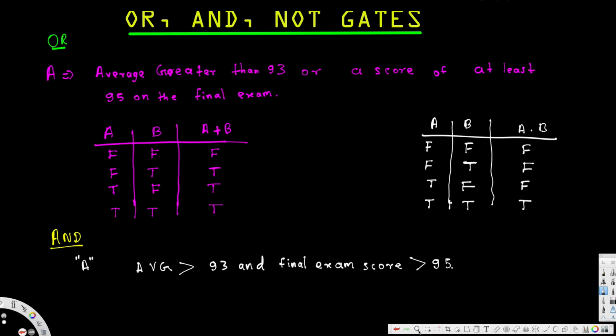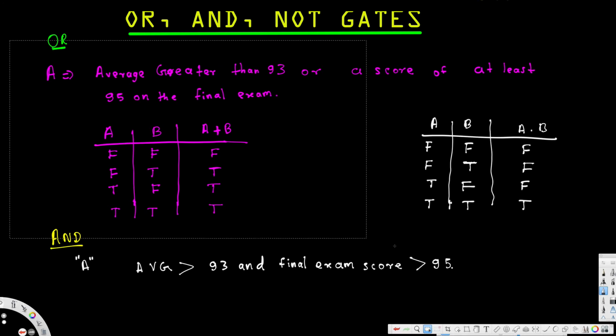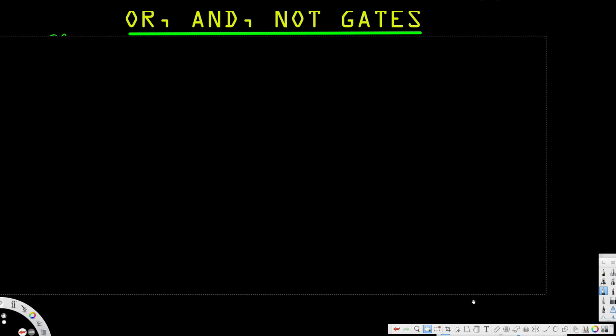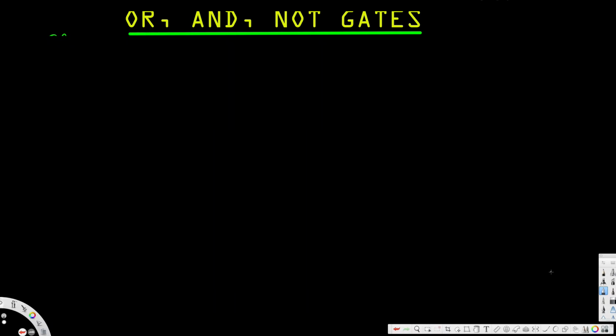And let's talk about chips and AND gates. So in labs, there are three kinds of chips you will see. First, let's say we have a 2-input chip. We will have something like this.